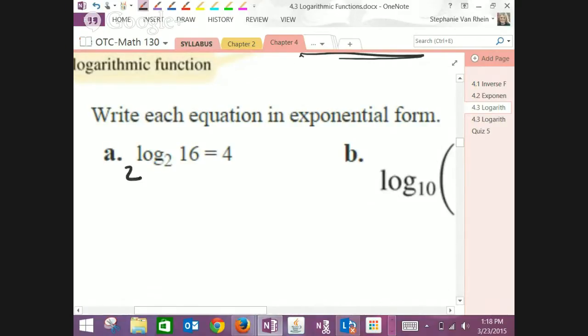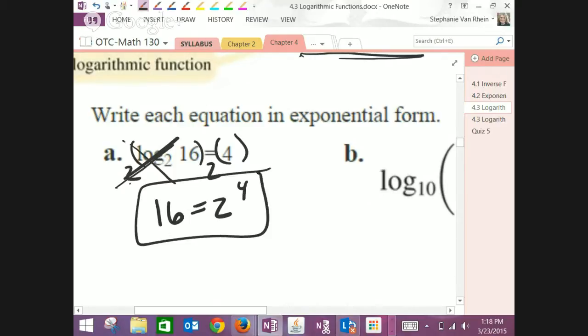So if I take 2 to this power and 2 to this power, inverses cancel my original thing. So I have log base 2, the inverse is 2 to a power. If I take 2 to this power equals 2 to this power, this would cancel the log base 2, right? 2 to log base 2 cancels because they're inverses of each other. So I end up with 16 equals 2 to the 4th.